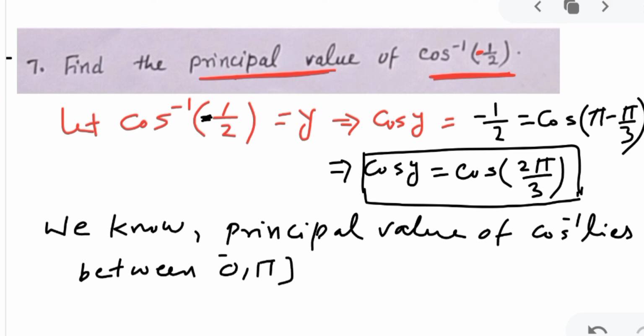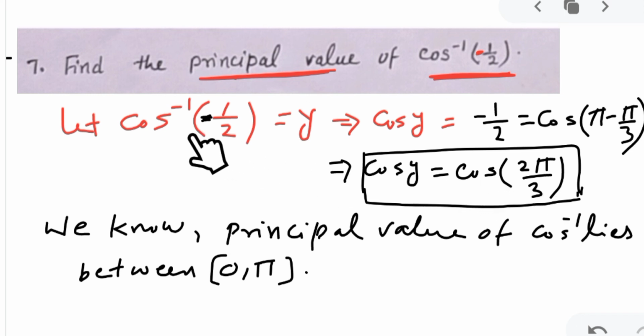I will discuss it in short after this question. So obviously this 2 pi upon 3 is less than pi and greater than 0, meaning it is lying between 0 to pi. So y will be 2 pi upon 3, correct?